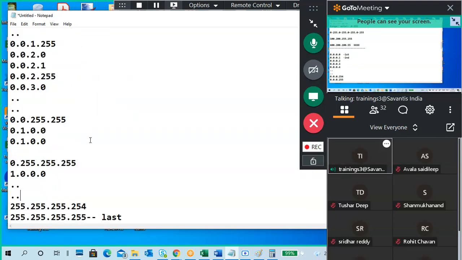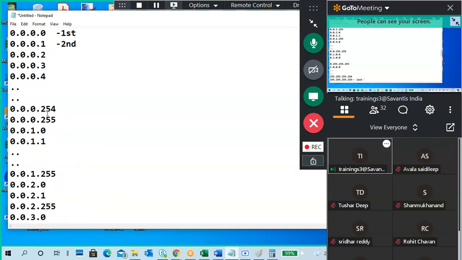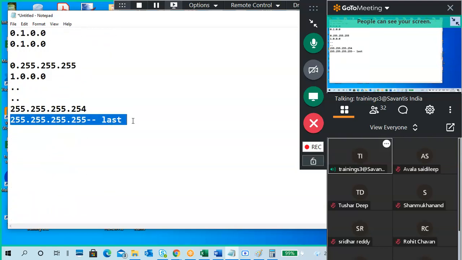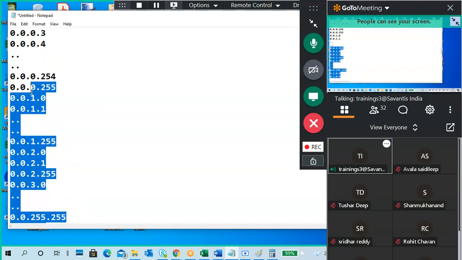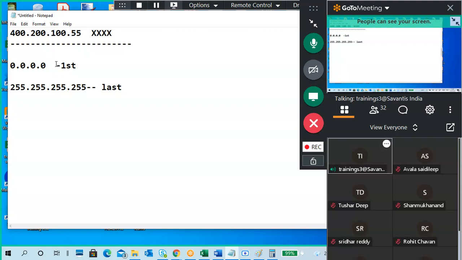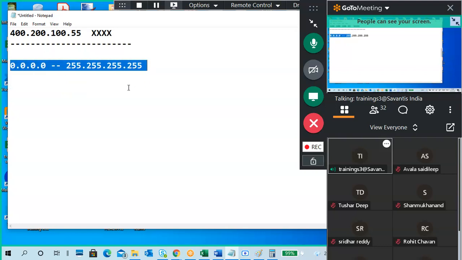Understand? This part, not the IPv6 part, this part only. The total range is from here to here. In total, how many IP addresses? 4.3 billion IP addresses. So this is the range of your total IP addresses. I removed that entire thing. Just this is the total range, from start to end.